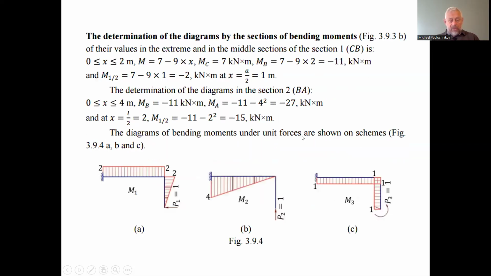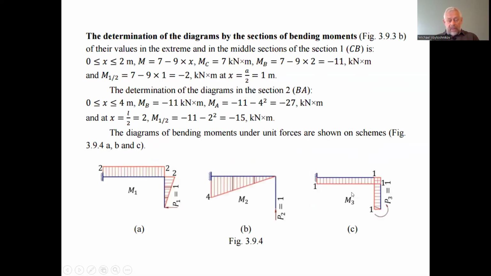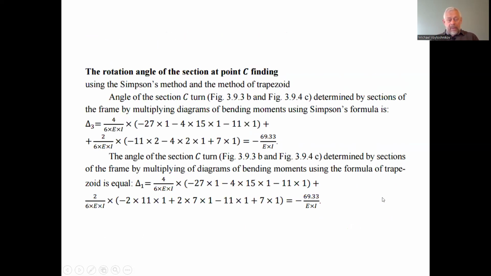We have to use the bending moment diagram, and the diagram of the bending moment at the action of the unit moment. P3 is not a force but a moment. This is delta upper size ledger 3, and we derive the common factor out of the brackets.